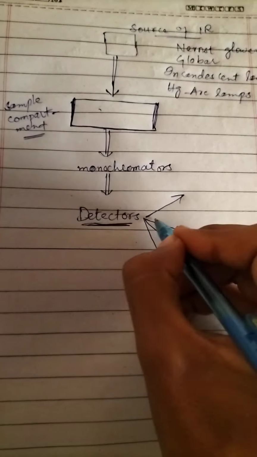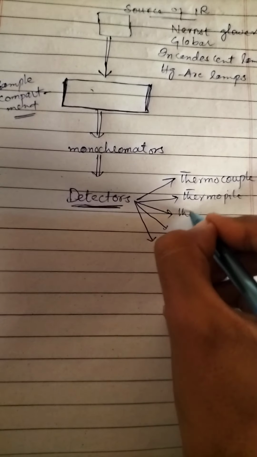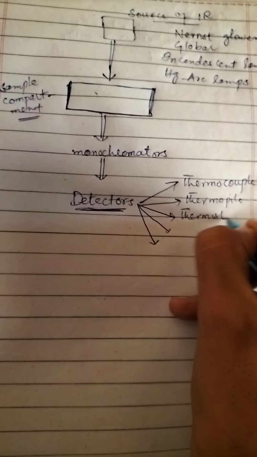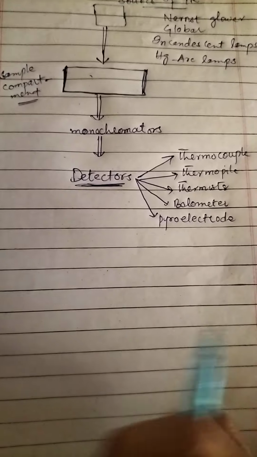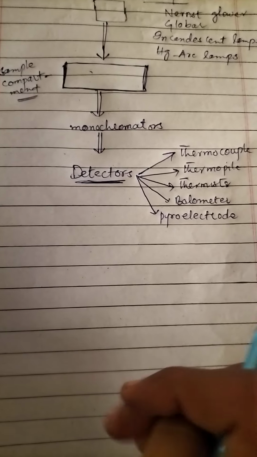First one is the thermocouple, and others are the thermopile, thermistor, bolometer, and pyroelectric detector. These are the detectors that are used in IR spectroscopy.